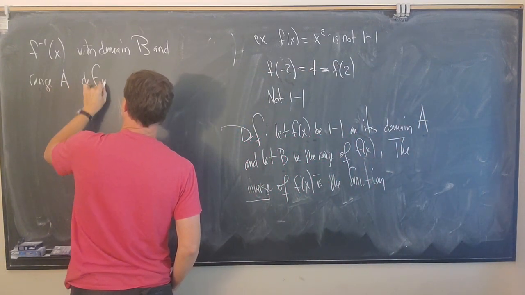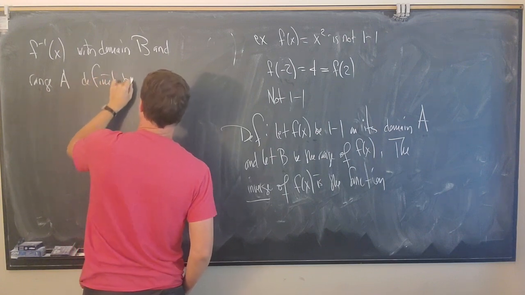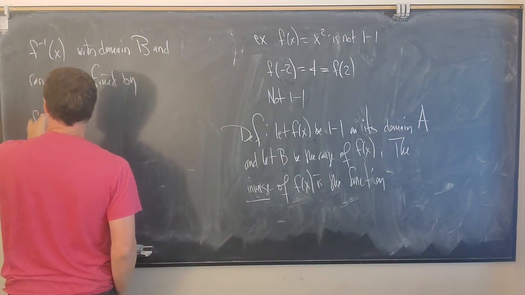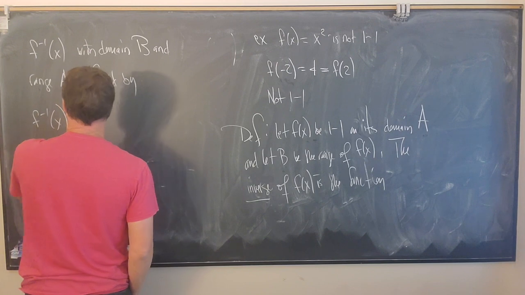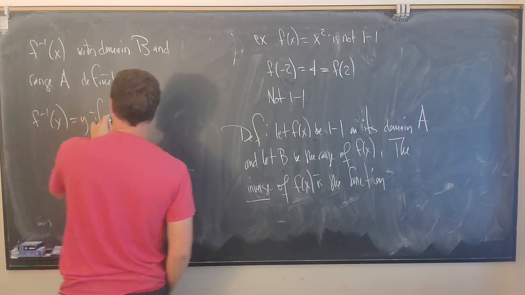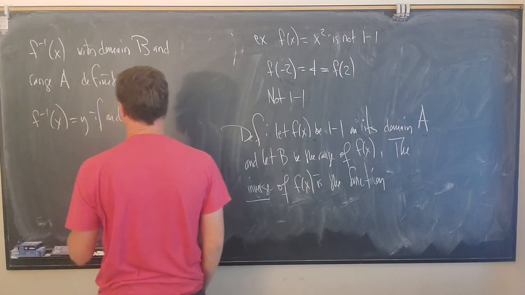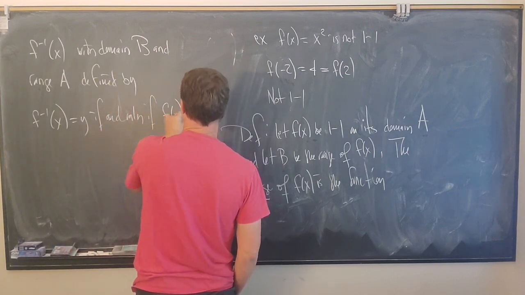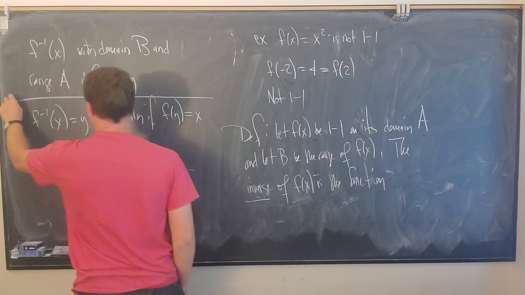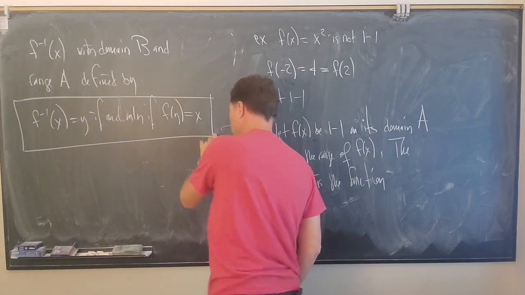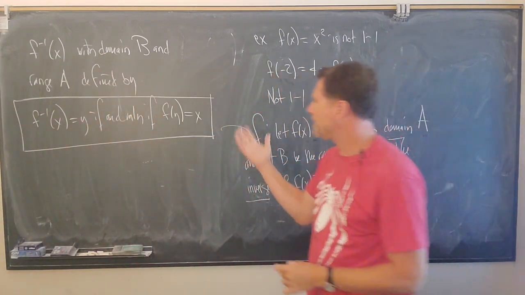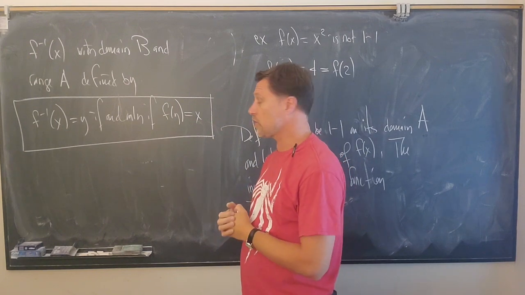So it's defined by f inverse of x is equal to y if and only if f of y equals x. So there's the formula or the definition for the inverse function.